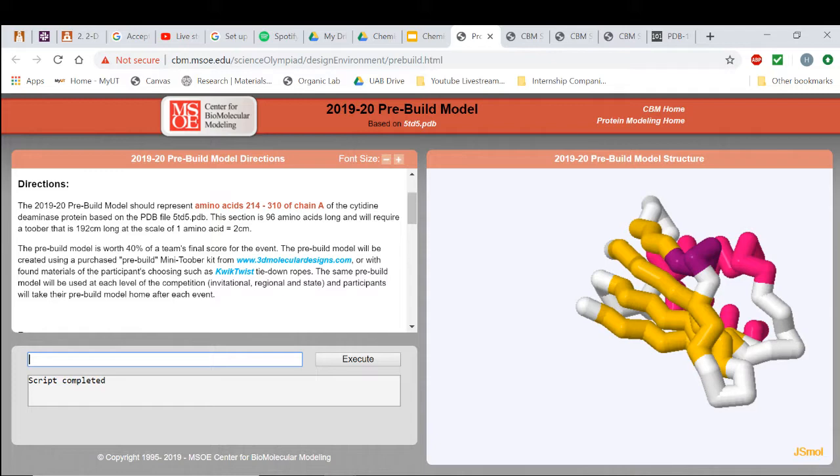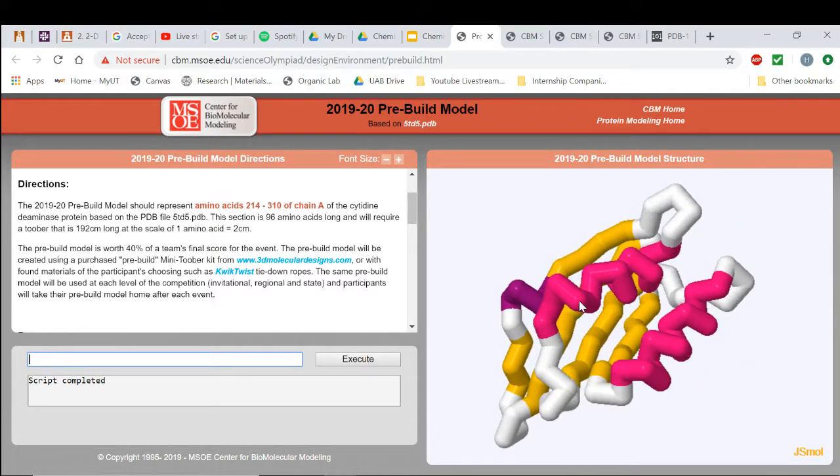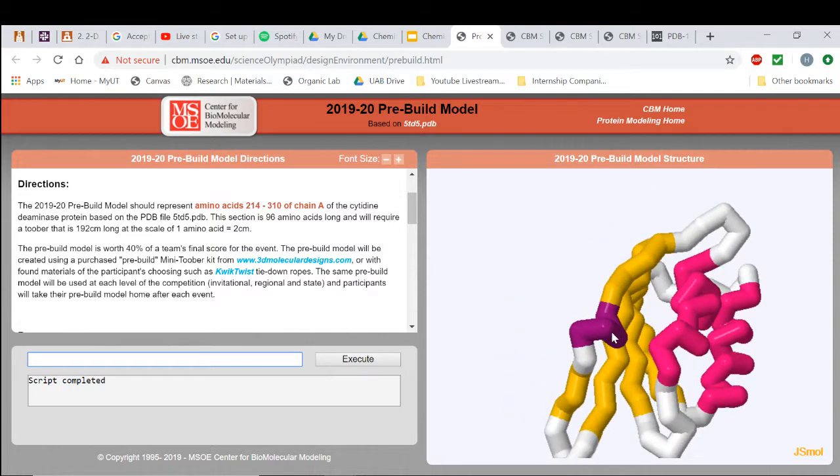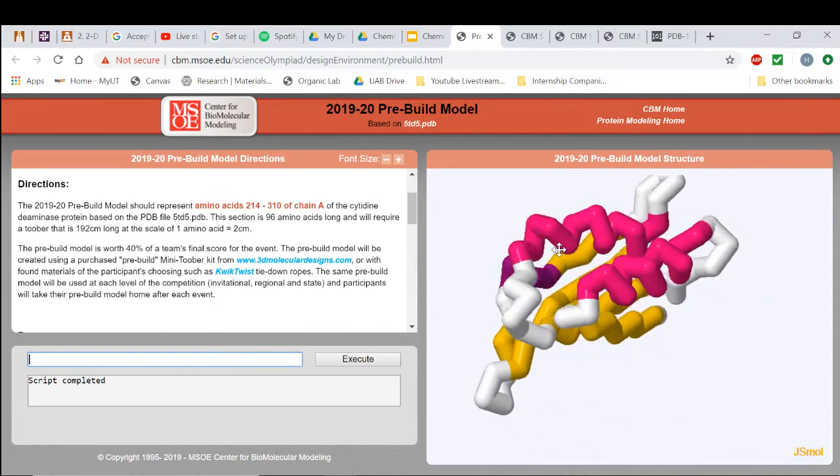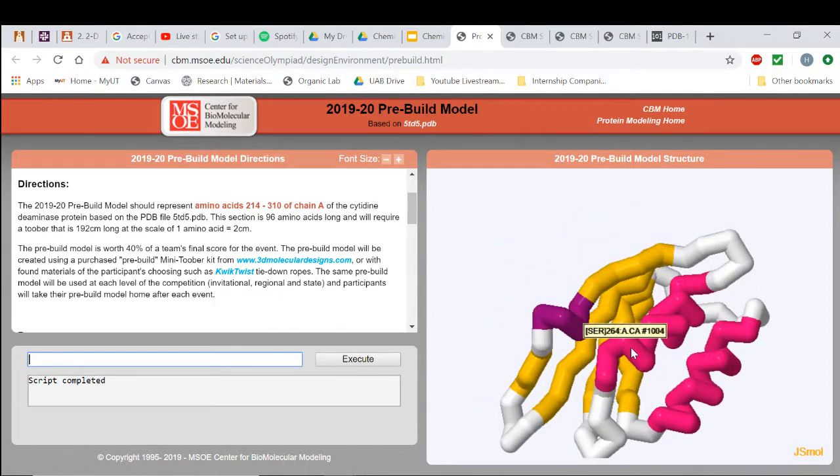So the yellow is the beta sheets, this pink is the alpha helices, and this purple is a special type of alpha helix that has a slightly different structure to the normal one. So now that you have this, it's much easier to actually build your protein than what we had before.